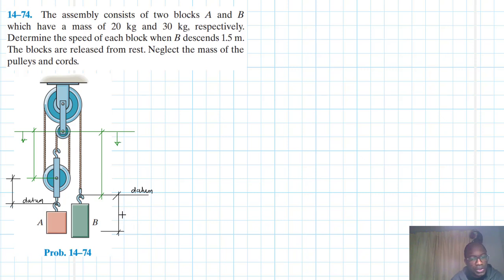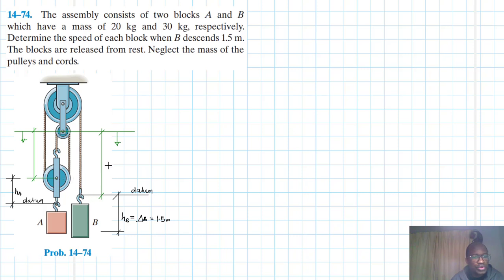So I'll call this HB, and I'll call this my HA. And this one is just equal to delta B, which is just equal to 1.5. This is 1.5.